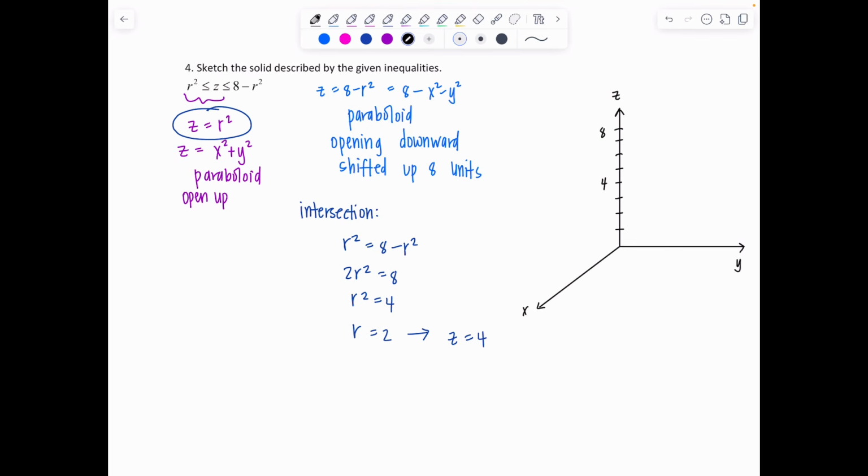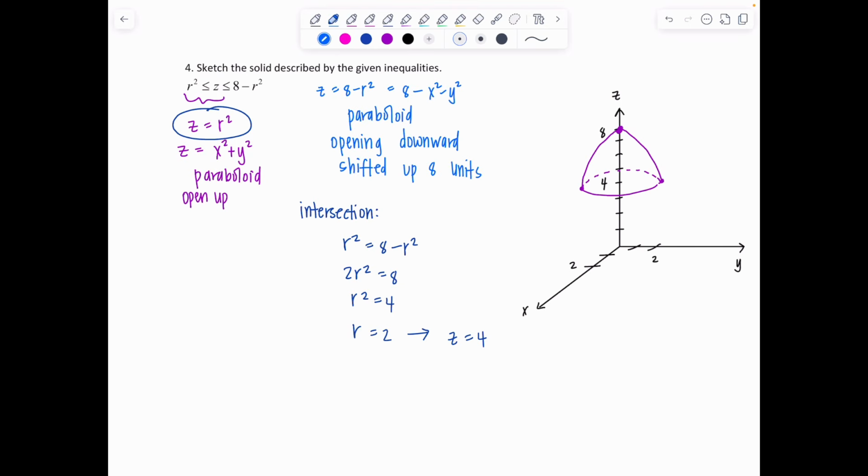Okay, and then the radius is 2, where they intersect. Okay, here we go. So we have this paraboloid up here, shifted up 8 units. It's going to intersect with the other paraboloid that's opening downward when z is 4 at a circle of radius 2. So I'm trying to eyeball best I can.